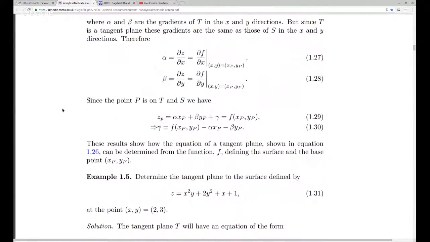Okay, so we could go through an example of this. I think unfortunately there's a misprint in the notes here in the solution of this example.